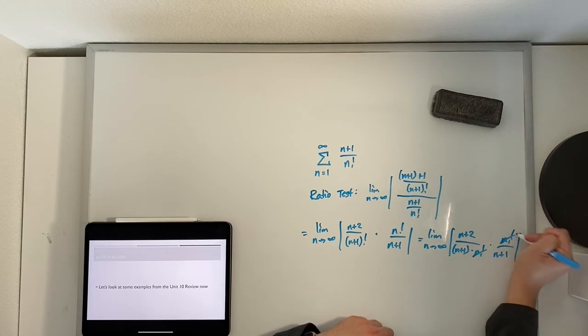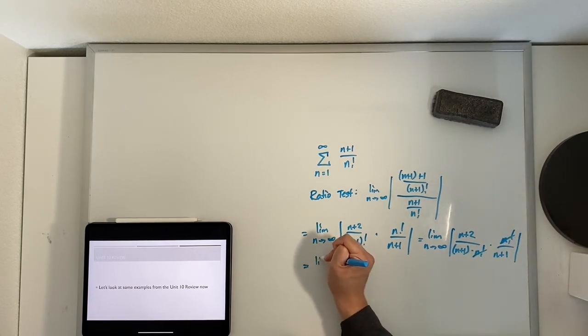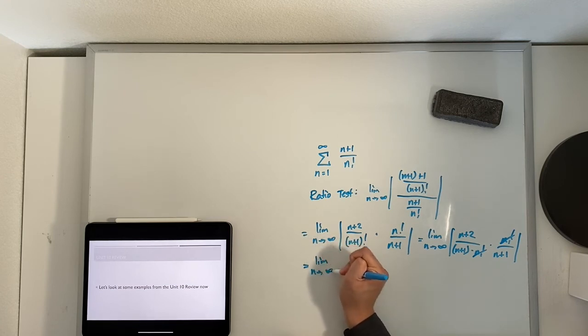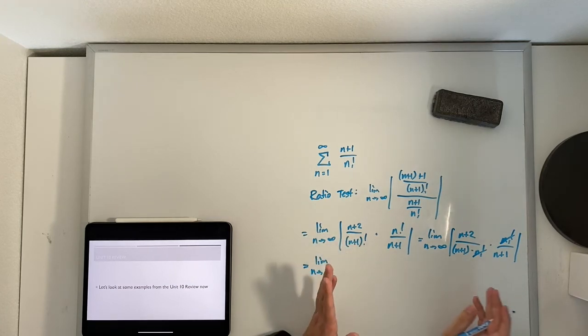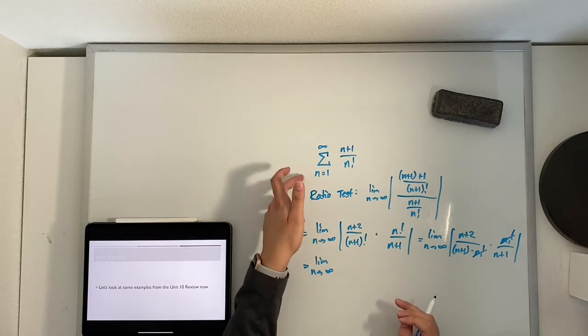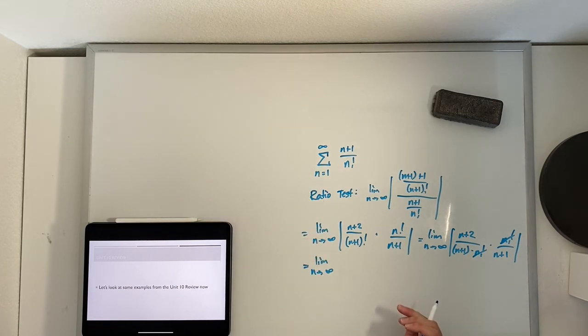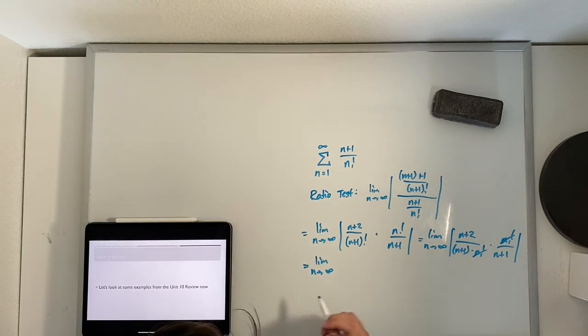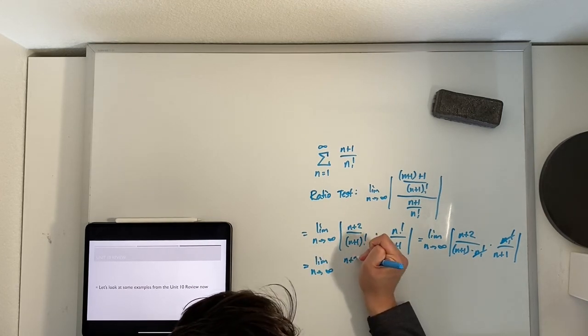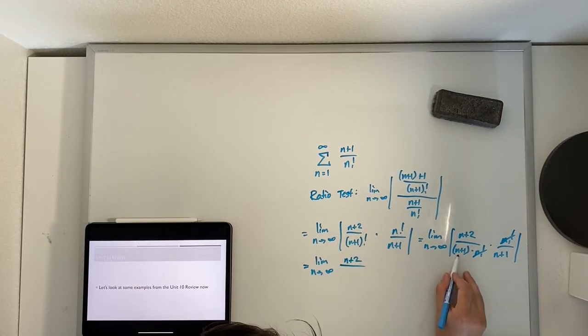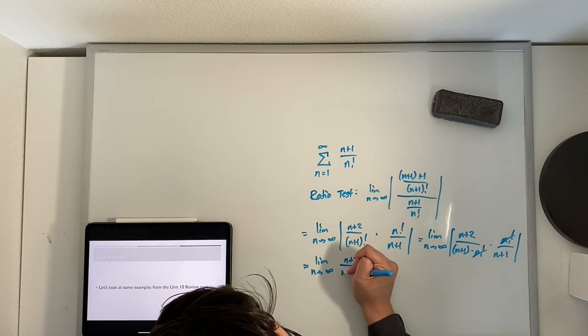So that cancels out, and we have the limit as n approaches infinity of, now we can drop the absolute value, there's no x here, and n is restricted to values from 1 to infinity, so of course it's always positive. That means we have n plus 2 over n plus 1 times n plus 1, which is n squared plus 2n plus 1.